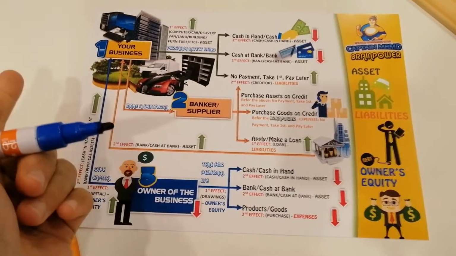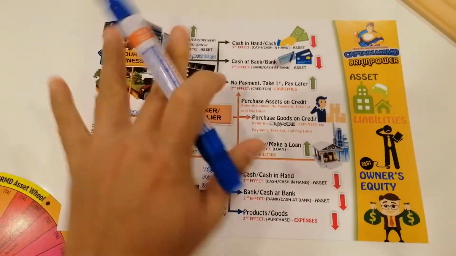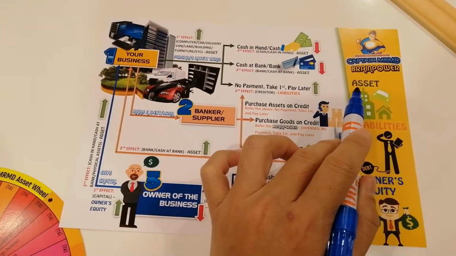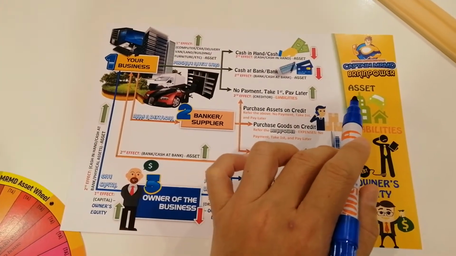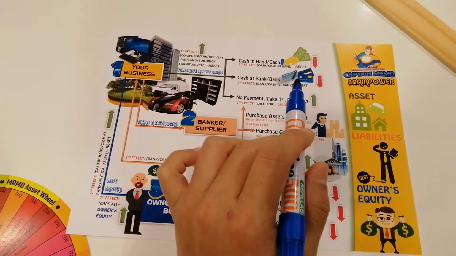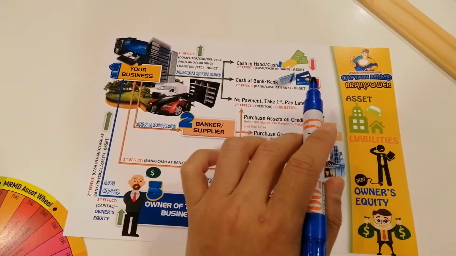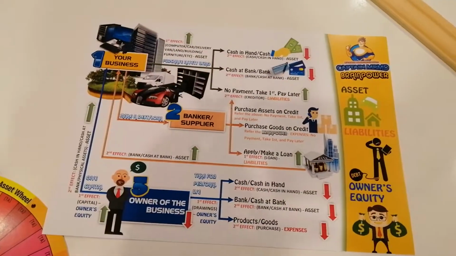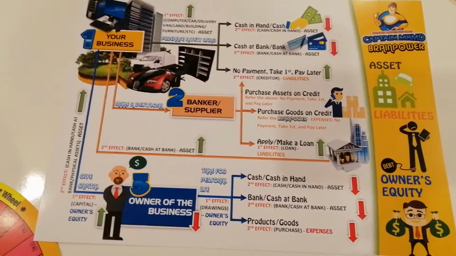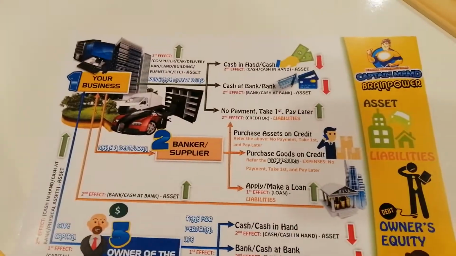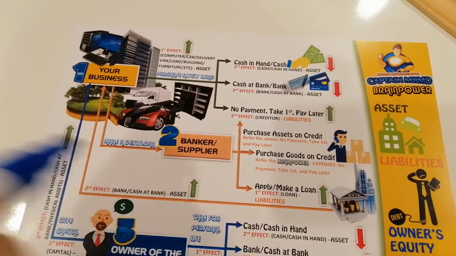So we continue again. I cleared the whiteboard already. So we discover asset. The definition of asset is anything that belongs to the organization, something that belongs to the company, to the business, which is your right, and the asset itself you can convert into cash form.